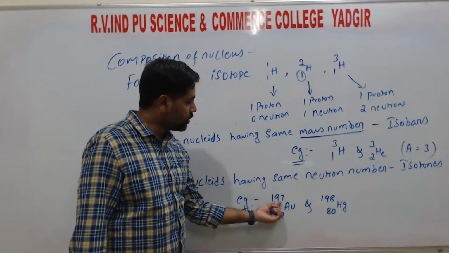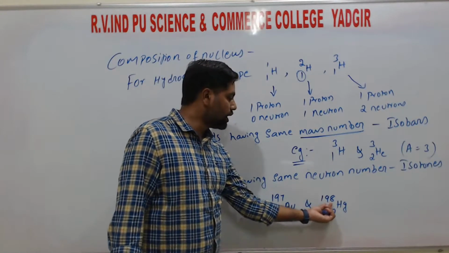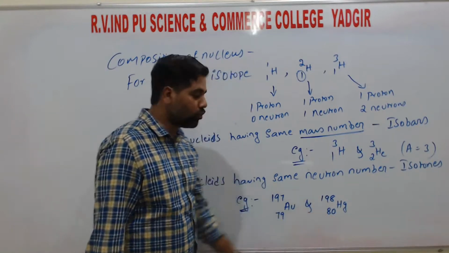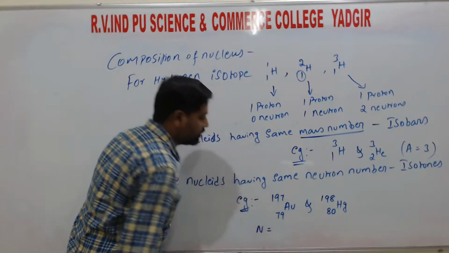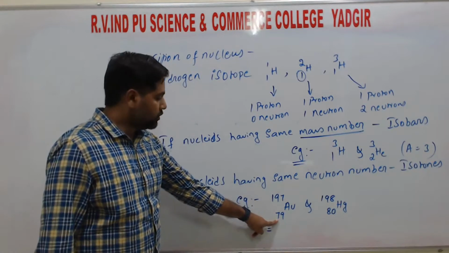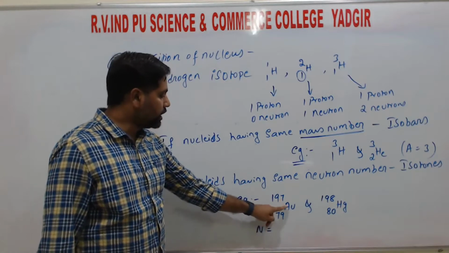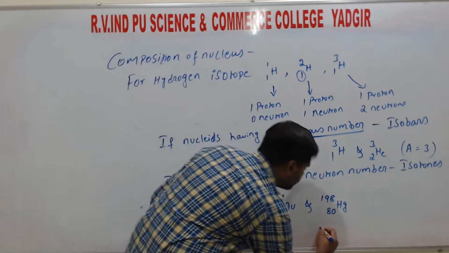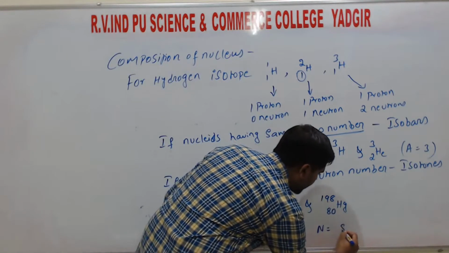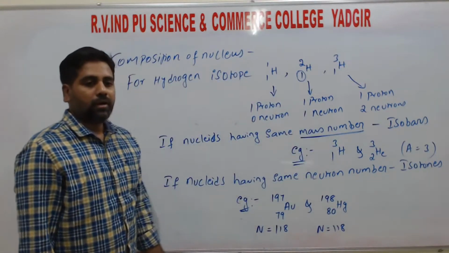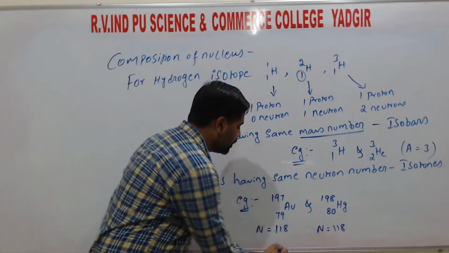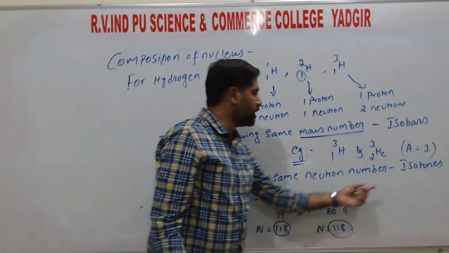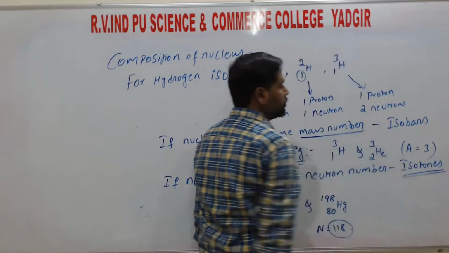Here the mass number is 197 and here the mass number is 196, and here the proton number is 79, here the proton number is 80. If we find the neutron number n, that equals A minus Z, 197 minus 79, so we get 118. And for the other, the neutron number n is also 118. So in these two cases the n value is the same, that is 118 and 118. Then these two nuclei we call isotones, right?